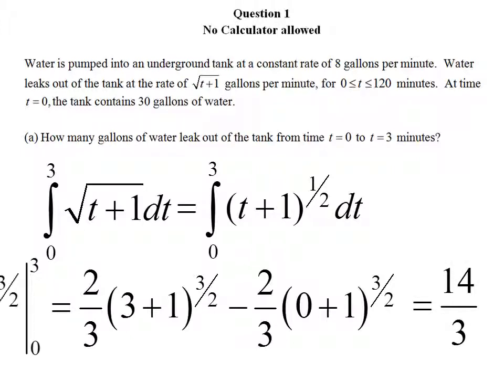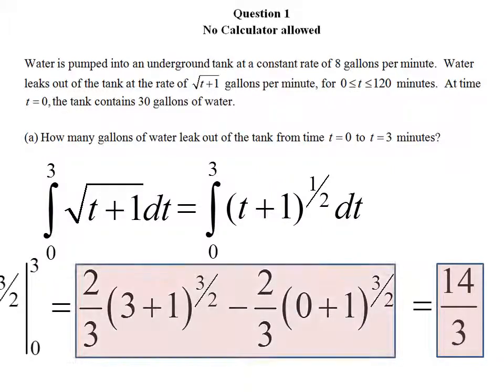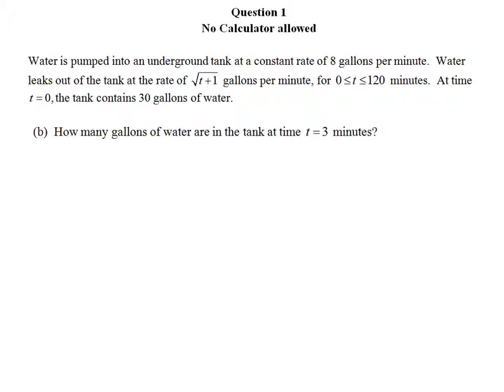But like I said before, it's not important to have it as 14 over 3, as long as you've got it written in such a way that the only thing that stands between us and the numerical answer is arithmetic, then you're good to go. So that long looking expression in the middle of the bottom of the screen there, that's perfectly fine for an answer. Either one of those will do just fine.